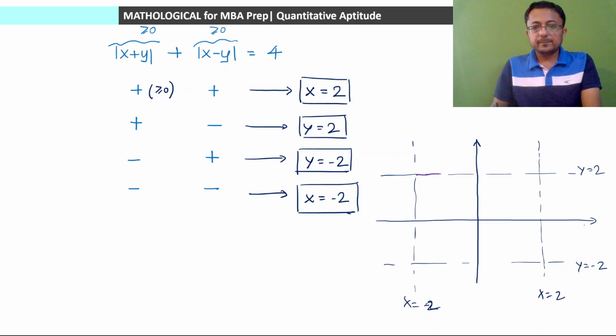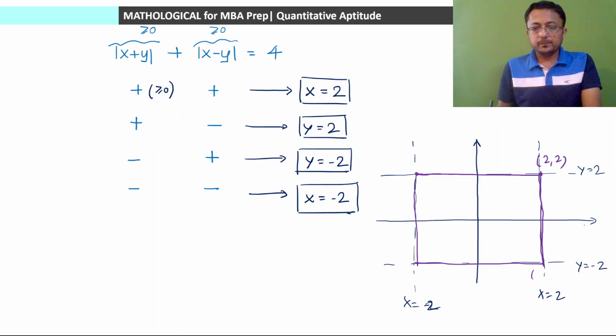This will be our graph. These are the intersection points of these cases. This will be the shape of our graph.